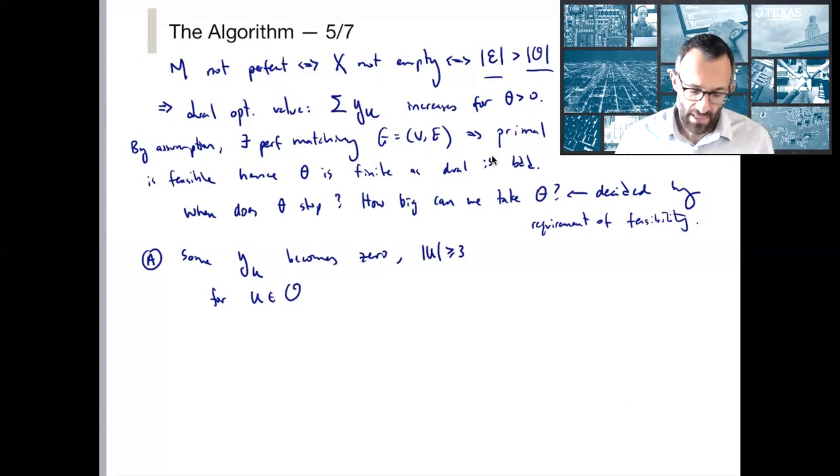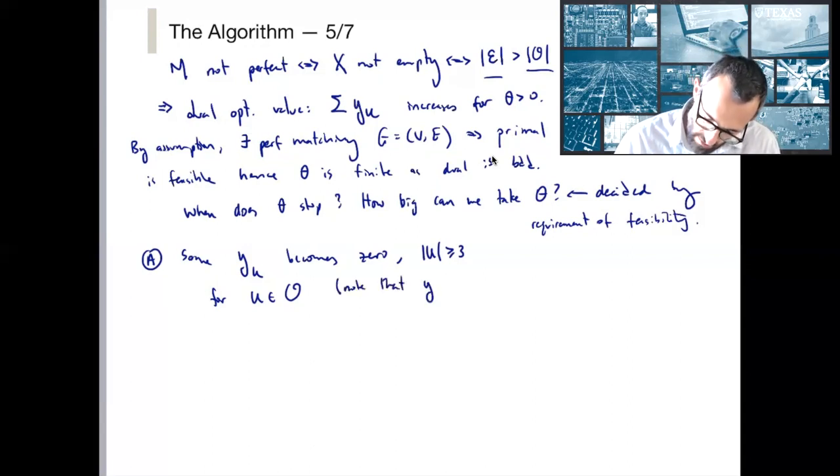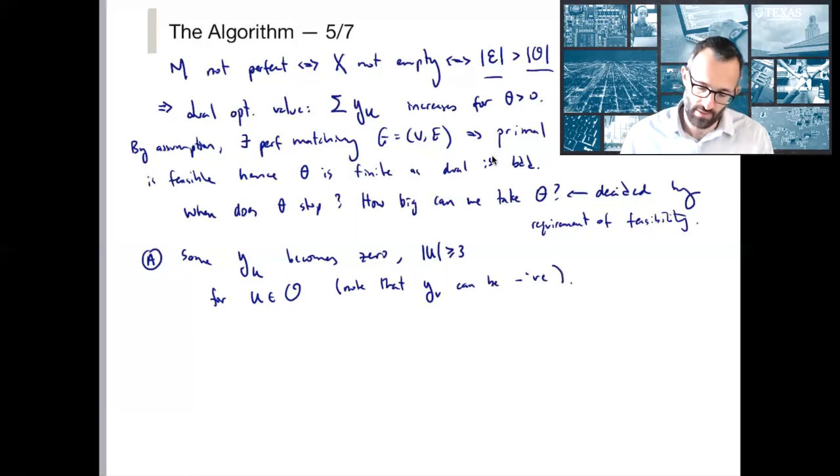So if that's the case, what do we do? Let me just note that if U is a single node, has cardinality 1, yv can be negative. You can check that.